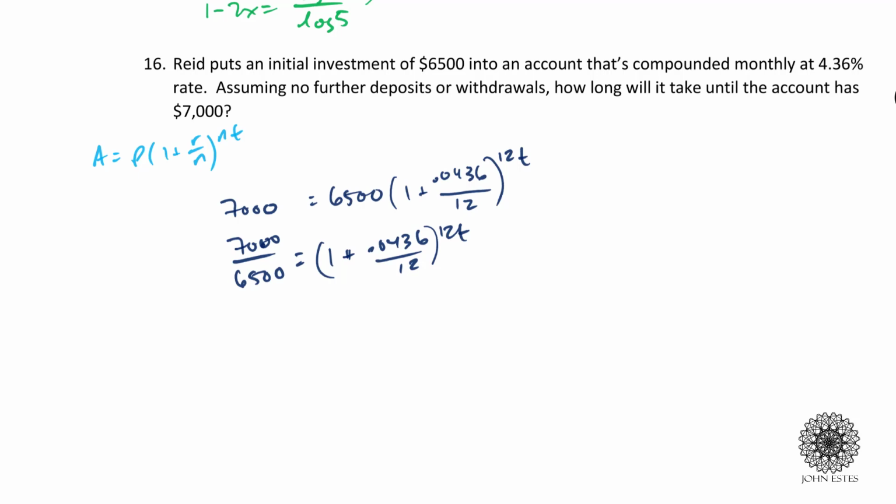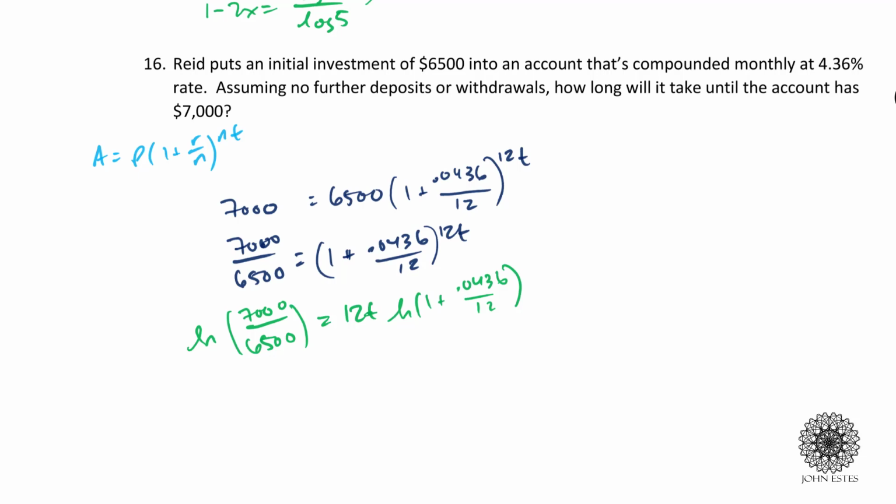So for that reason, I'm going to take ln or log, it doesn't matter which one, of both sides. That'll allow me to multiply that 12t out front, because that's one of the reasons we use logarithms: when I apply the logarithm, I can take the exponent out front.